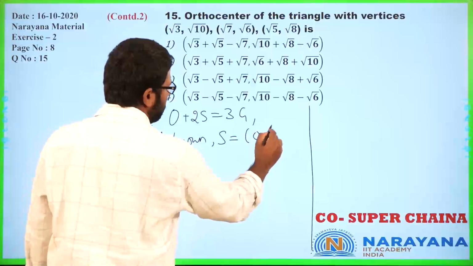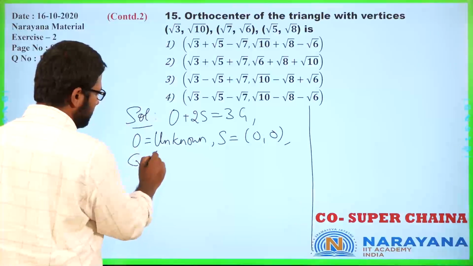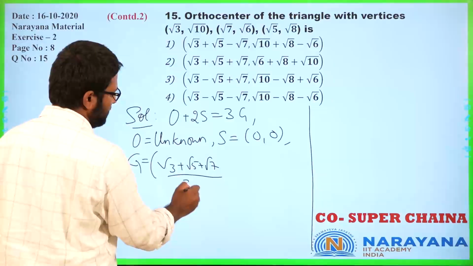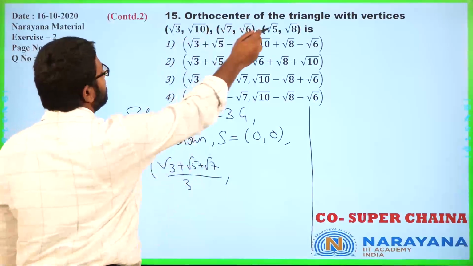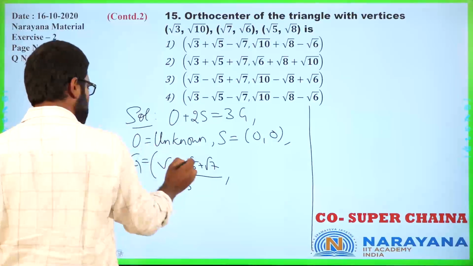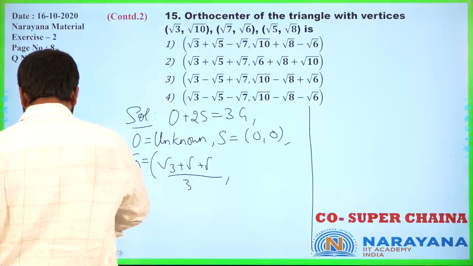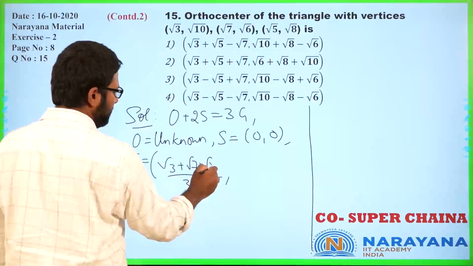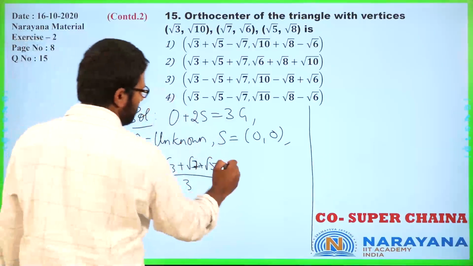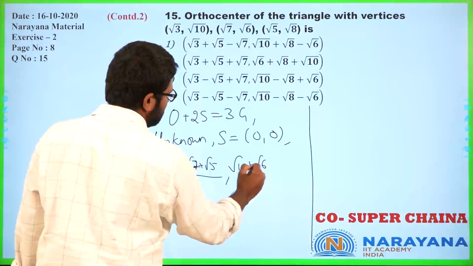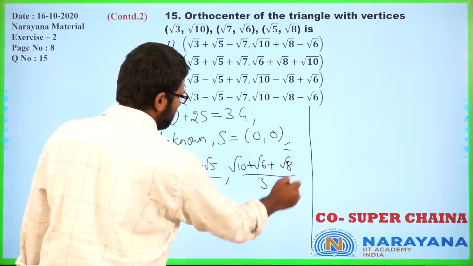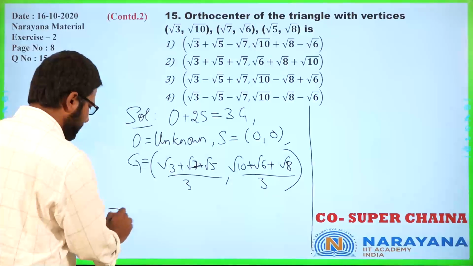S is 0, 0 and G is root 3 plus root 7 plus root 5 by 3, comma, root 10 plus root 6 plus root 8 by 3. Right?